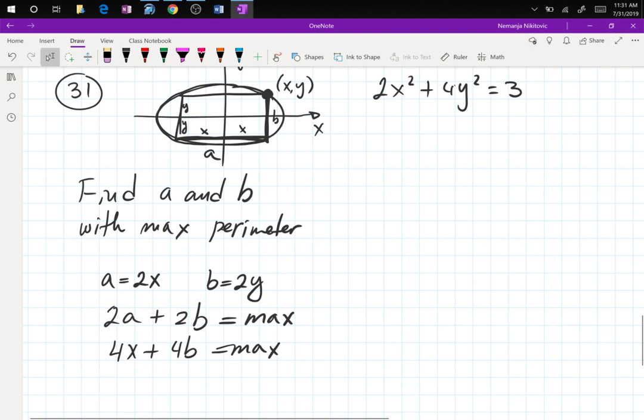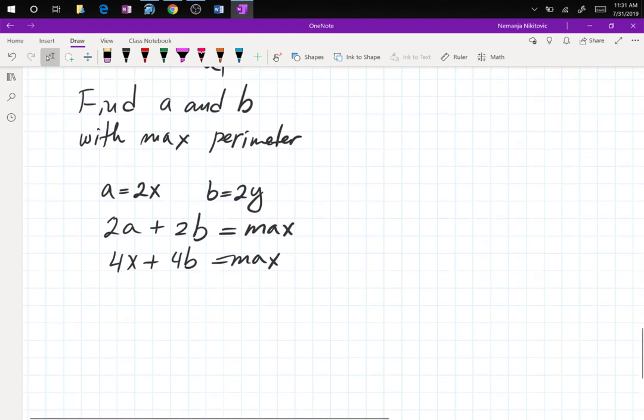The constraint is that the rectangle is stuck inside the ellipse, and the ellipse has the equation, so that has to be your constraint equation. Your objective equation is the only one that you are looking to maximize or minimize. So f of x, y is given as 4x plus 4y.